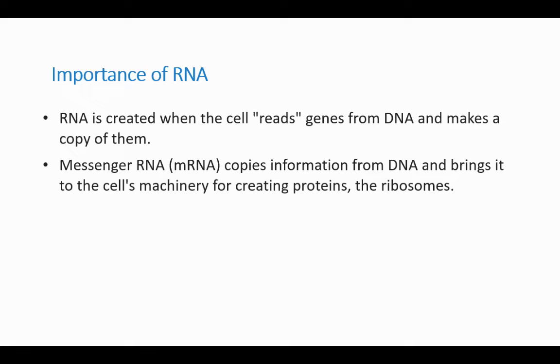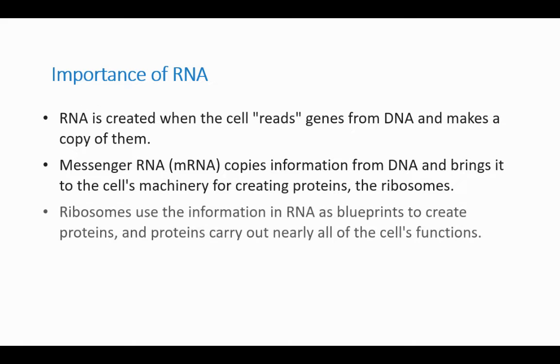Now, during transcription, it's actually producing three types of RNA. You have the mRNA, which is the working copy of the DNA and brings the information to the cell's machinery to create the protein in the ribosomes. Next is the ribosomal RNA.